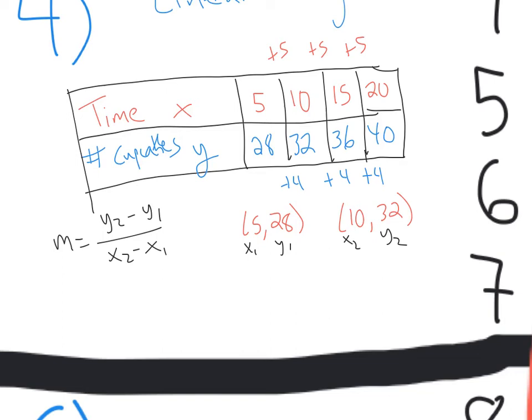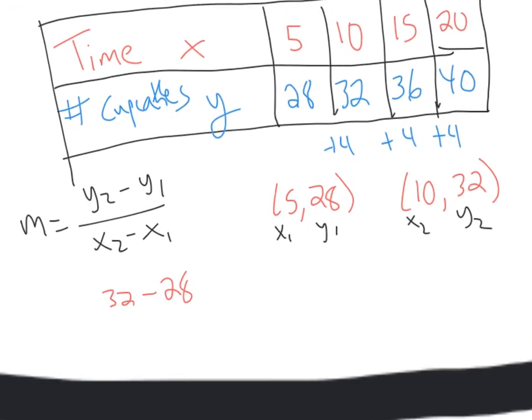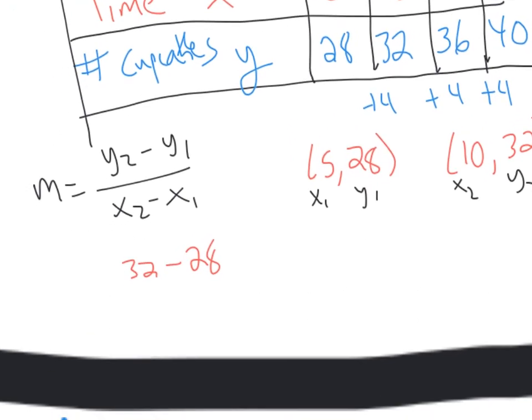Let's plug that into our formula: 32 minus 28, let me zoom in on this. Okay, so we've got our change in y over our change in x, which is going to be 10 minus 5, which gets you 4 over 5.